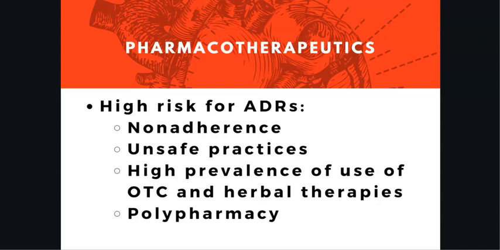In the geriatric population, there is a high risk for adverse drug reactions due to non-adherence, unsafe practices, the high prevalence of over-the-counter and herbal therapies, and polypharmacy. They usually use one drug to treat the side effects of another drug, so it just goes on and on.